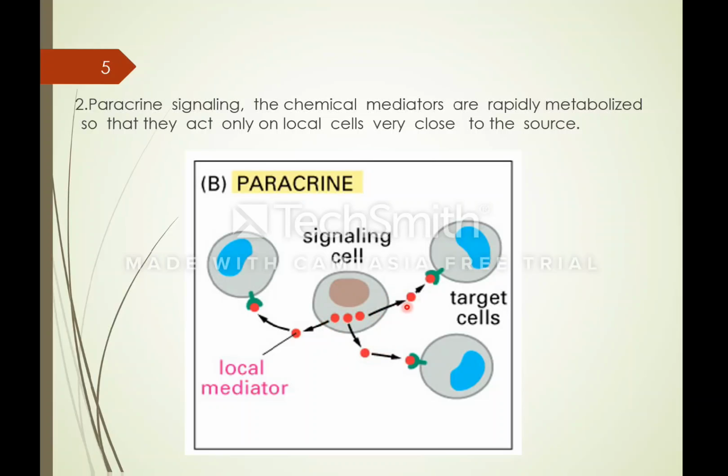These materials are rapidly metabolized and act locally. As you see here, the signaling cells release the mediator, and they act locally, and the target cell is located close to the signaling cell.